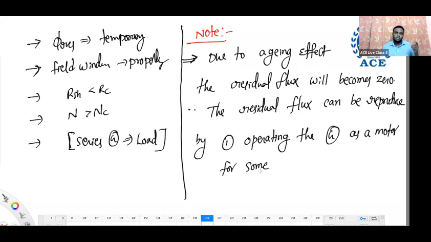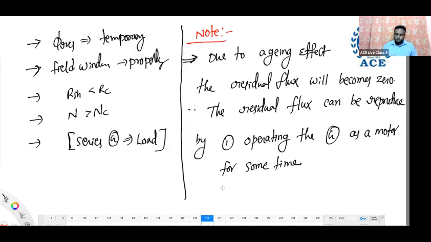At least 30 seconds is enough. If you operate it as a motor, you give supply to it. Then field current will flow, flux will be produced, and the motor rotates. Operate the motor for some time, 30 seconds like that, and then remove the supply. Now stop the motor and start your prime mover, the mechanical input. Now voltage will build, because whenever you remove the supply to the motor, the flux produced previously will not become zero immediately. For some time it will be there. Like that we can produce residual flux.